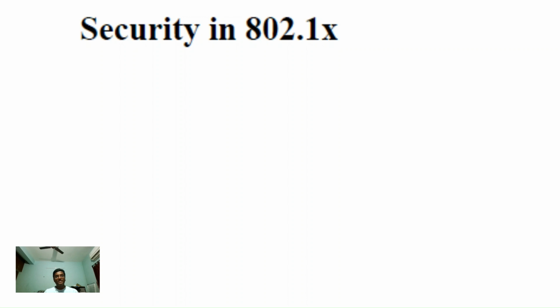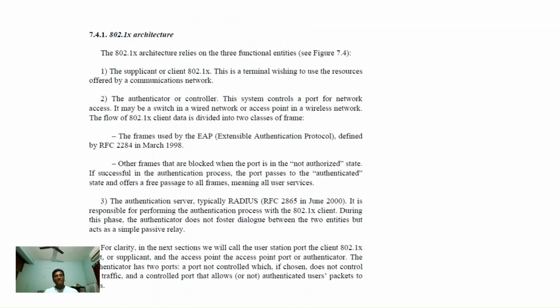Speaking about the security in 802.1x, security is also a prime factor. In 802.1x, the supplicant, or the client, relies on three functional entities: the supplicant or the client, the authenticator or the controller, and the third one is the authentication server, typically RADIUS.